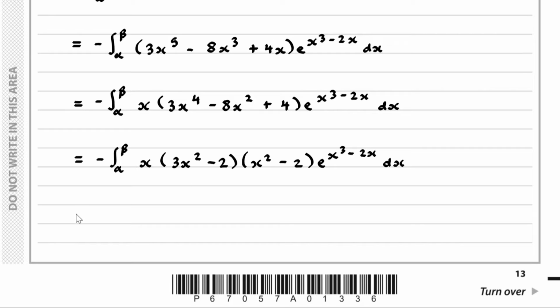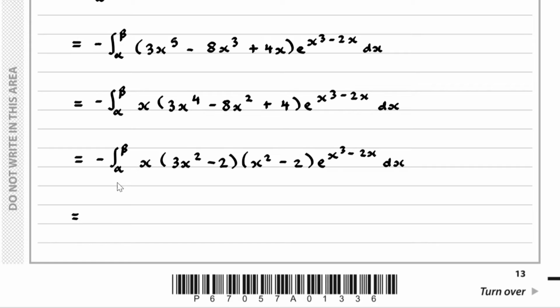So, simplifying this even further, what we'll do is multiply the x into this bracket x squared minus 2, because then it will look similar to this power here.